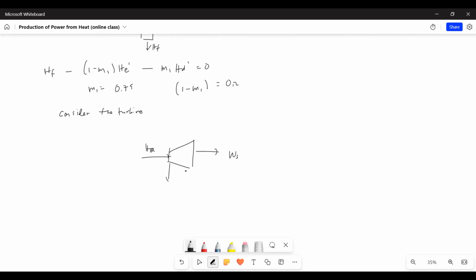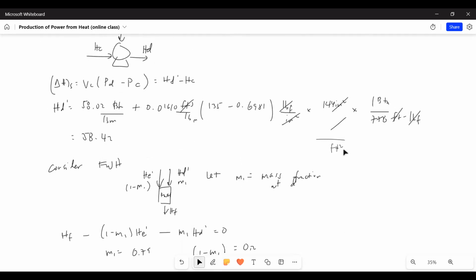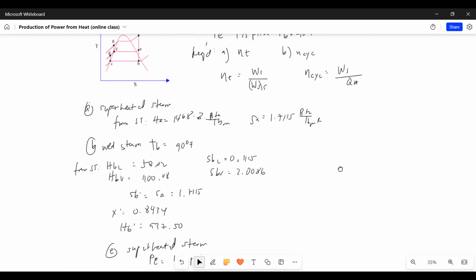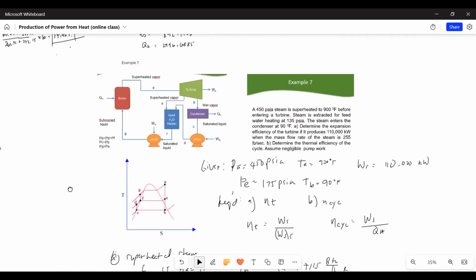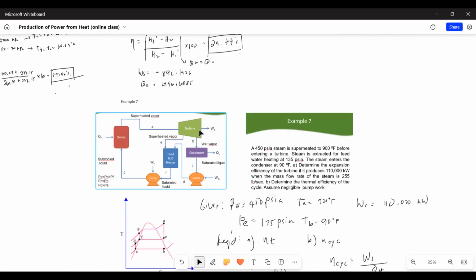And then, okay, let's assume isentropic expansion first. And then, di ba, remember, na-split siya. This is HE prime and then HB prime. Na-split siya. Okay. Turbine ba? HA, work shaft, HE prime, HB prime.